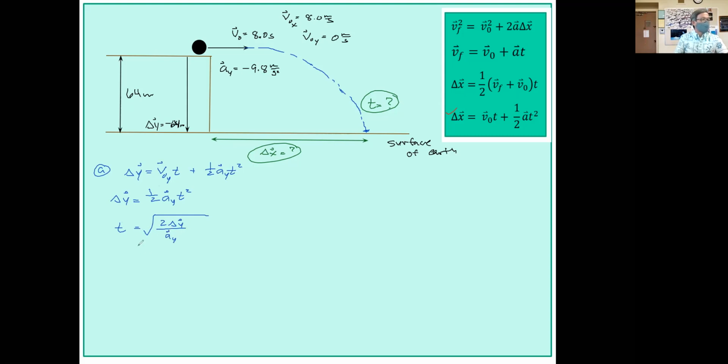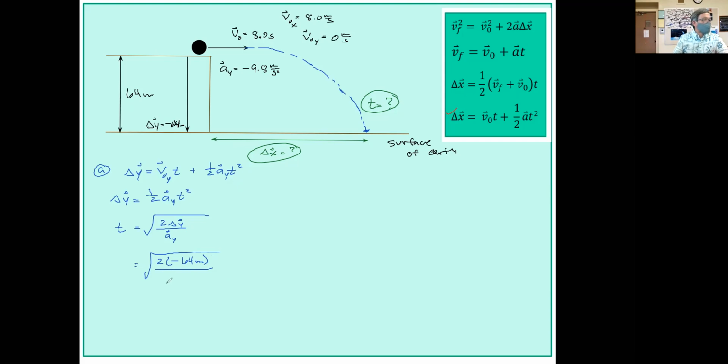At this point, let's plug in the numbers, making sure you stay consistent with the directions. Delta y is going to be negative 64 meters, folks. If you forget that negative sign, like I told you yesterday, you're going to get an imaginary number, which makes the answer useless and nonsensical in terms of the physical universe.